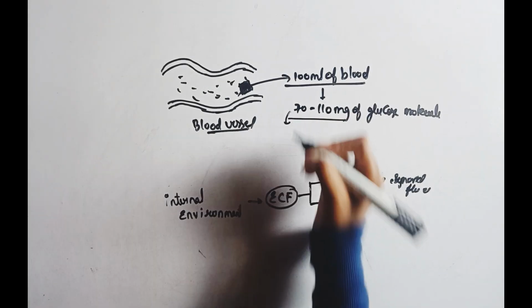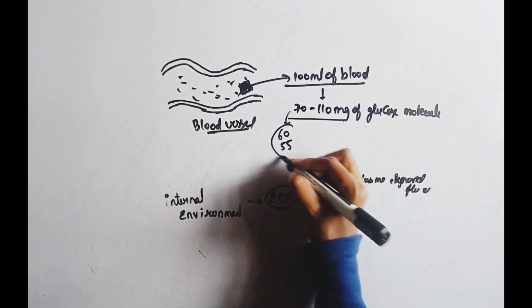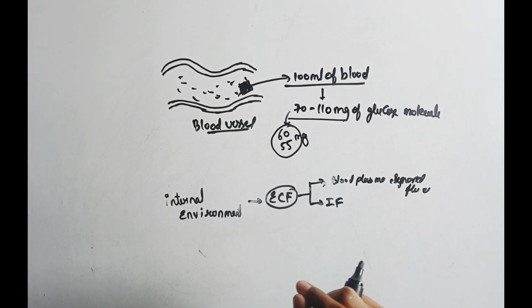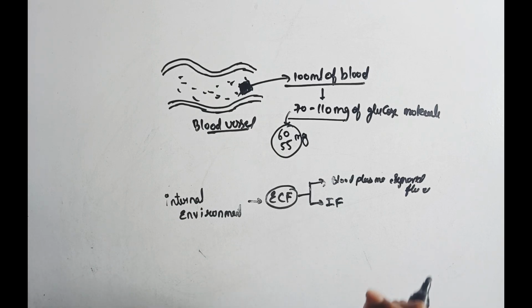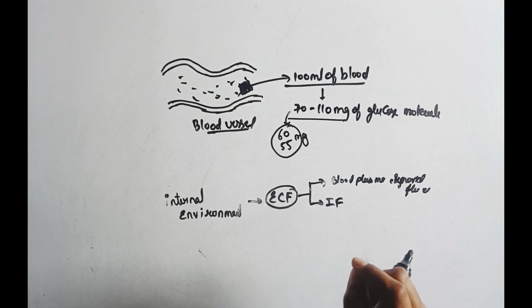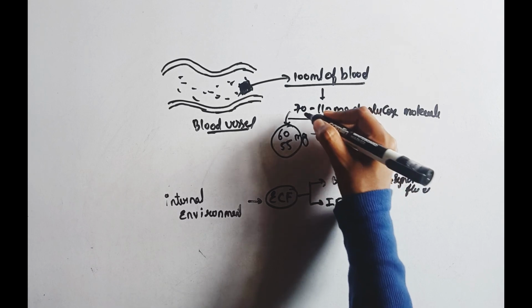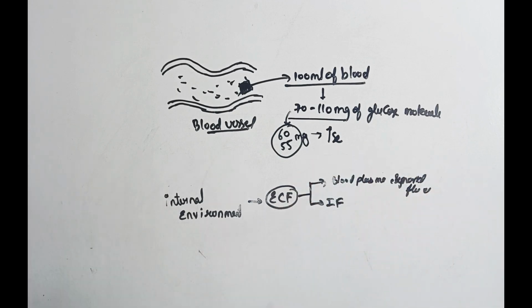If your glucose level is less than 70, for example 60 or 55 milligrams in 100 ml of blood, your internal environment is changed because the glucose has decreased. The body senses that the glucose has decreased, so the body increases the glucose up to 70, or between 70 and 110 milligrams in 100 ml of blood.